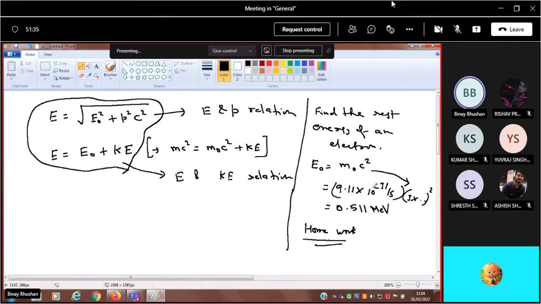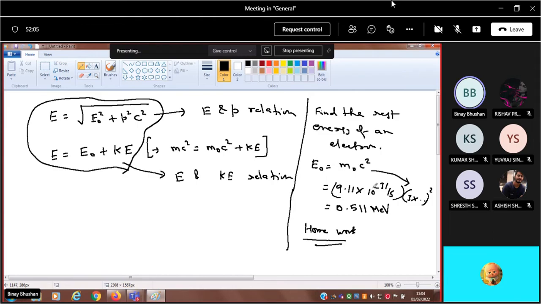Then convert that in terms of electron volt. 1 electron volt is equal to 1.6 into 10 to the power minus 19 joule. Electron volt means the charge of an electron times 1 volt, so it will come out to be that. So this question has also been asked in different ways.